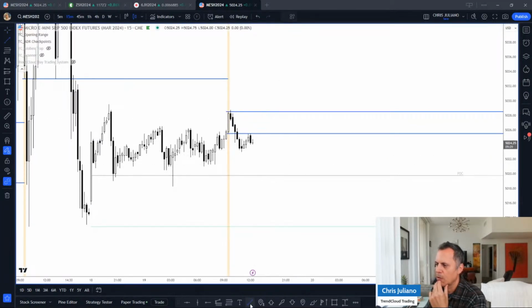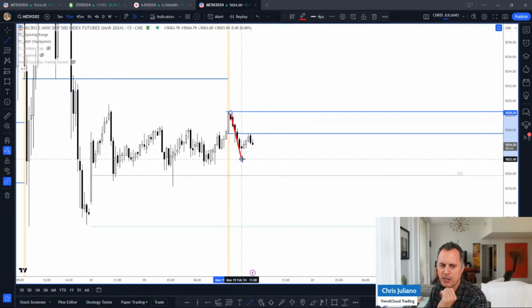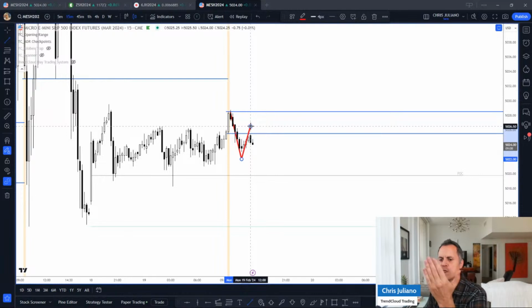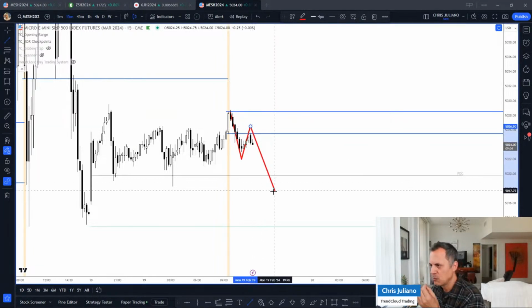All right. So when you see momentum to the downside and you break out to the downside on the opening range, that's how you know that you're moving in the right direction, and you're probably going to get some sort of pullback into the opening range to retest, right? And make that move down.